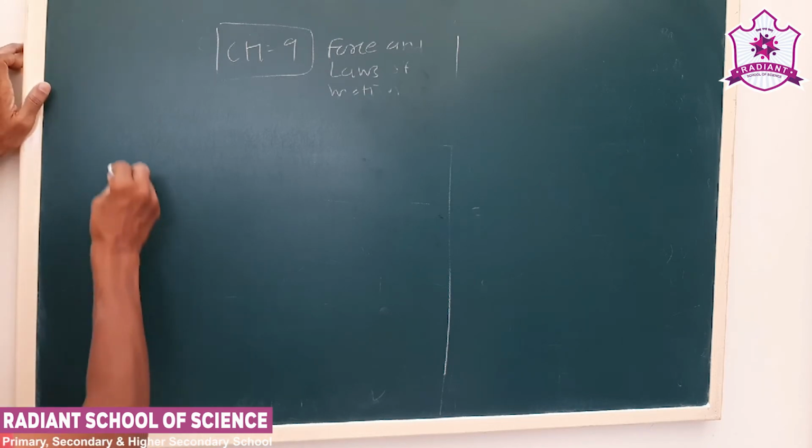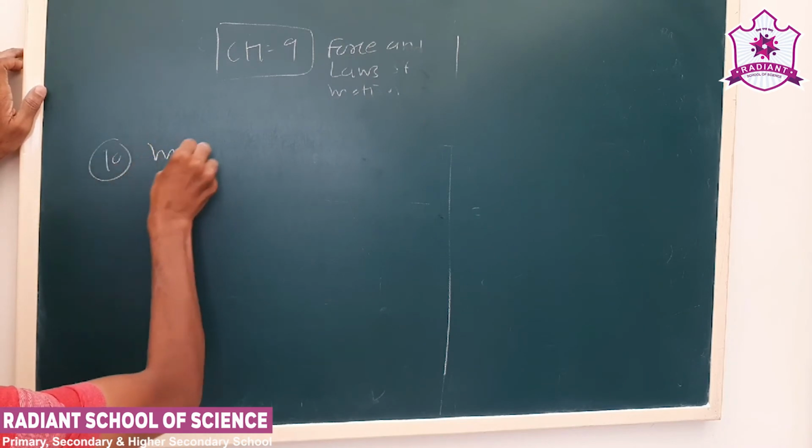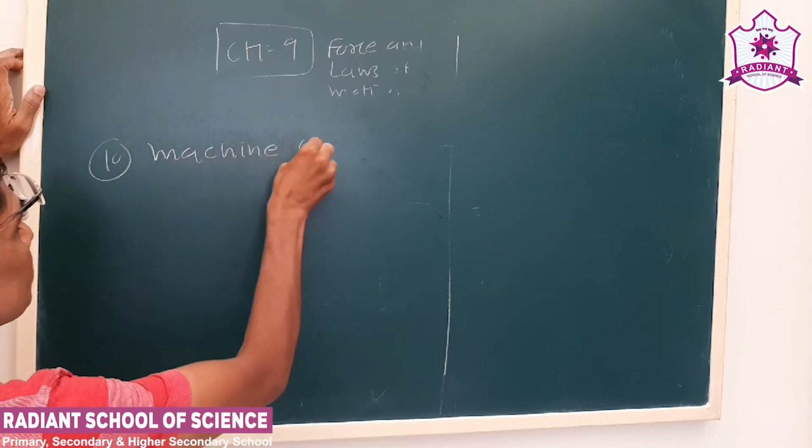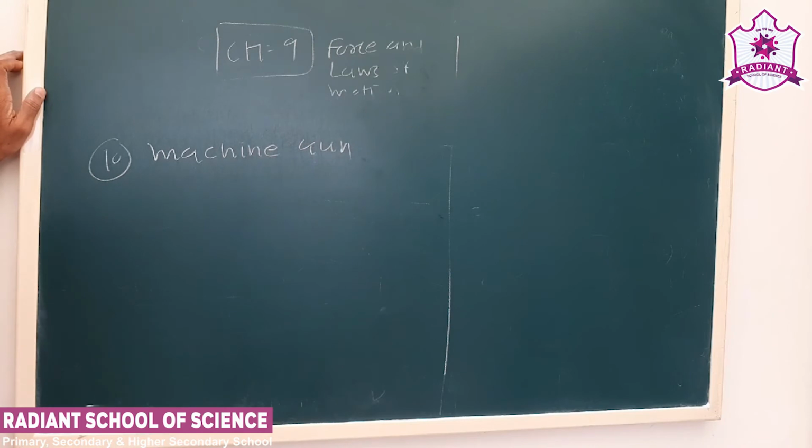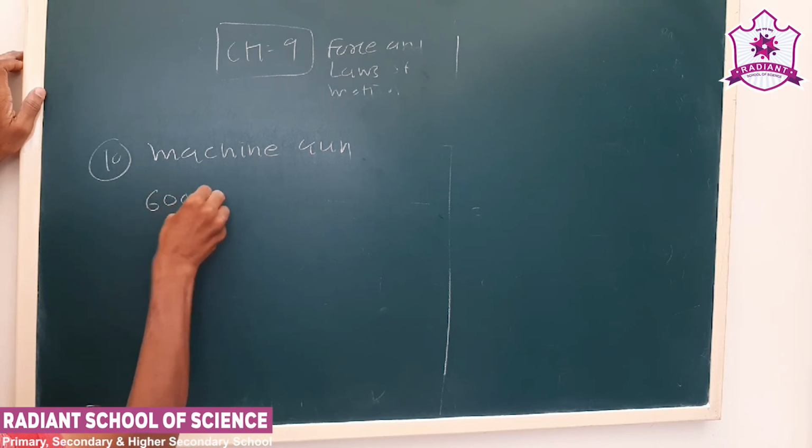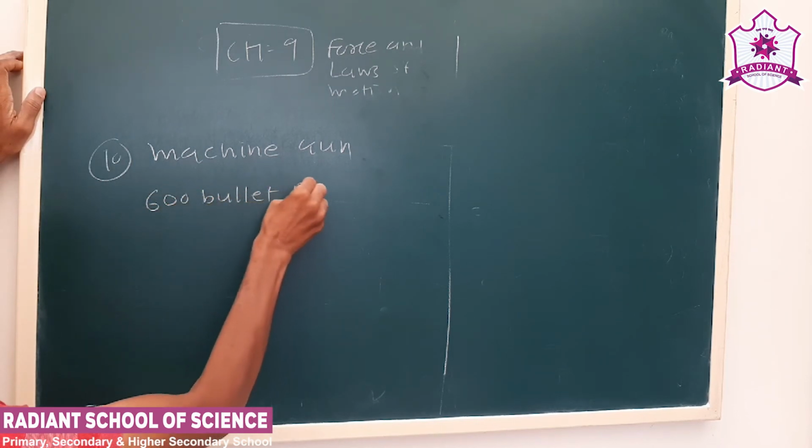Now see, a machine gun fires 600 bullets per minute.